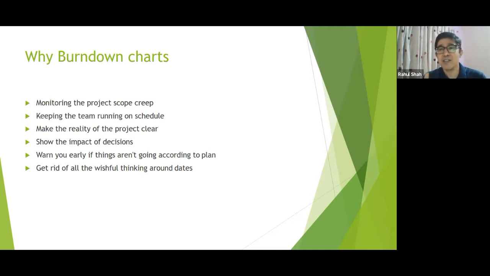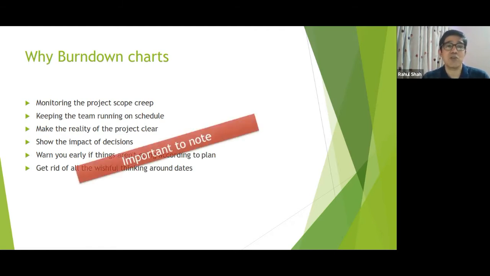Sometimes management says, okay, complete this one next month. Look at the chart and see whether this is a reality or just wishful thinking which cannot be achieved. That data, the burn down chart will show.